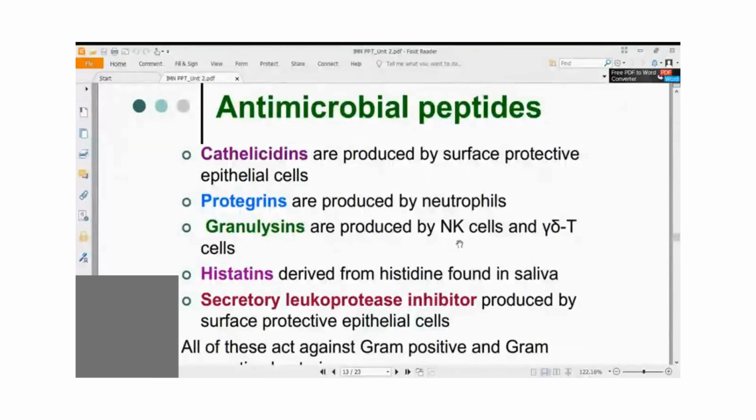Therefore, natural killer cells get their name because they are naturally killers. Gamma delta T cells are also killer cells. Both are capable of killing bacteria instantaneously as they come in contact with them by producing granulysins.